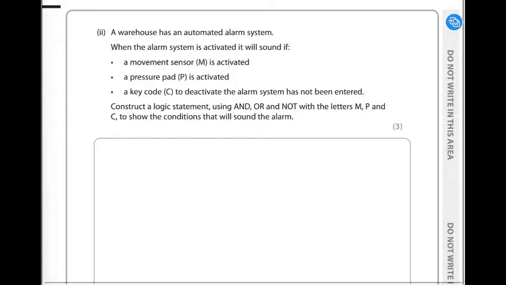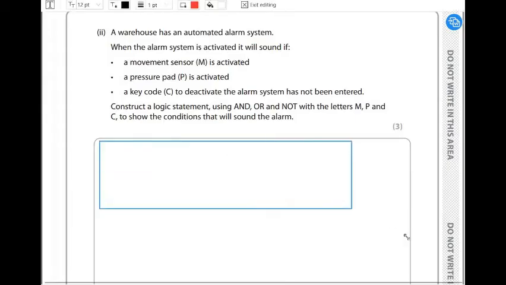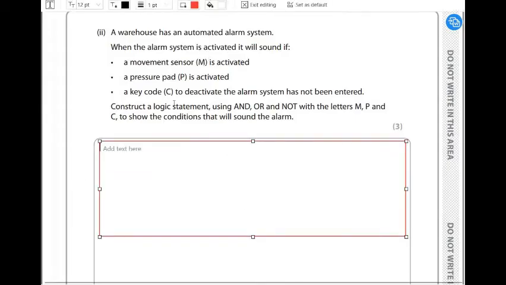So we need a logic statement using AND, OR, and NOT with the letters M, P, and C to show the conditions of the sound alarm. So we have to use all of these, otherwise we won't get the full marks.